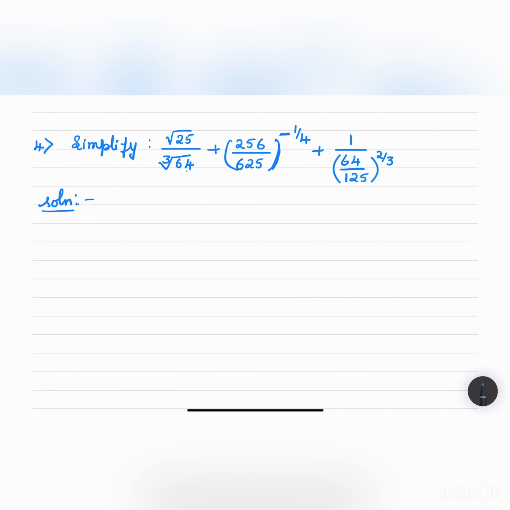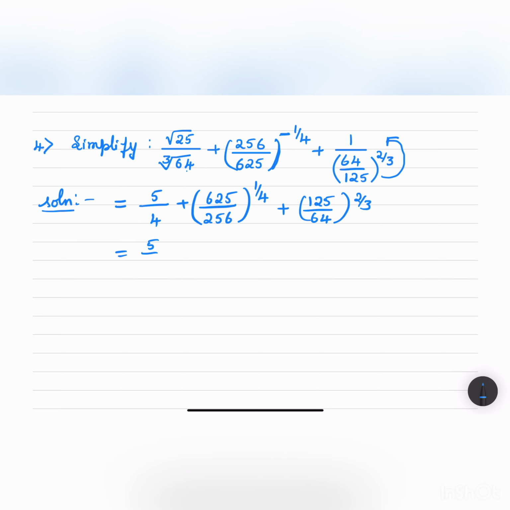Now the square root of 25 is 5 and the cube root of 64 is 4, plus this one we will take the reciprocal, 625 by 256, so that the power becomes plus 1 by 4, plus this will be 125 divided by 64 to the power 2 by 3. This 125 will go to the numerator, 64 to the denominator.